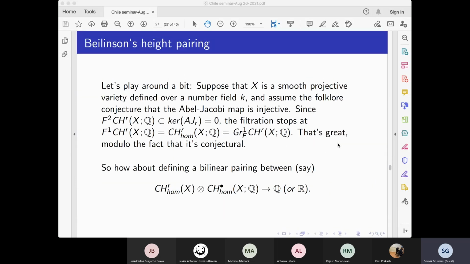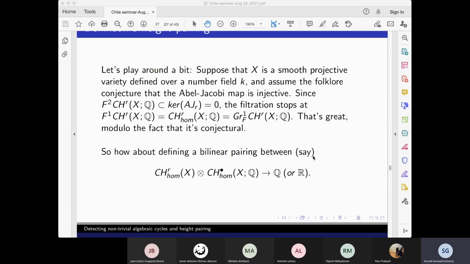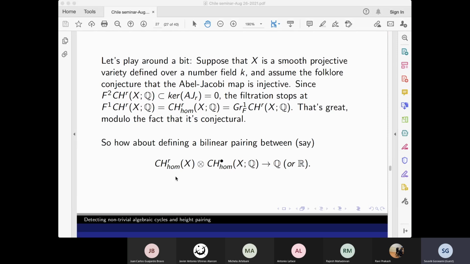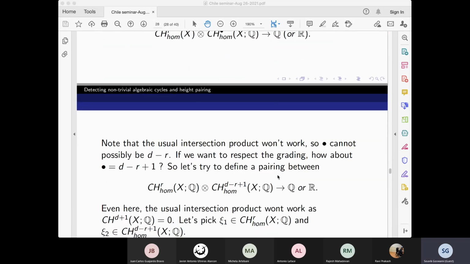So that's where Beilinson came into the picture. So what he did was to define a pairing between the Chow group of codimension r cycles homologous to 0, and this dot is a suitable number, which is the complementary codimension in this case. So this dot is actually d minus r plus 1.